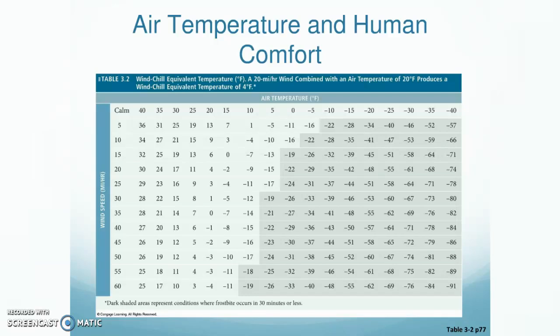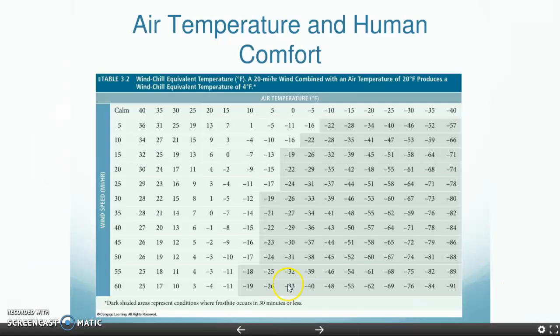The wind passes by and it induces evaporation much quicker, and the evaporation will then cool your skin a little bit more, thus the body will perceive temperature to be a little bit cooler than it really is. Simple example, let's take 40 degrees Fahrenheit. That would be here at the top left of your figure. If you increase the wind speed to 5 miles an hour, the body will perceive the temperature to drop by 4 degrees down to 36 degrees Fahrenheit.